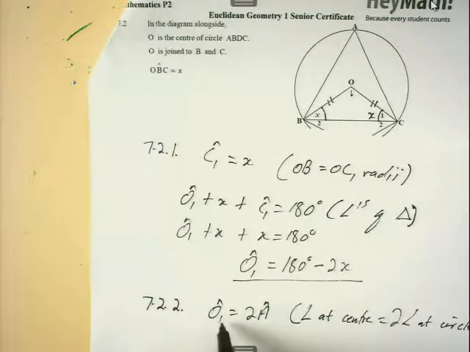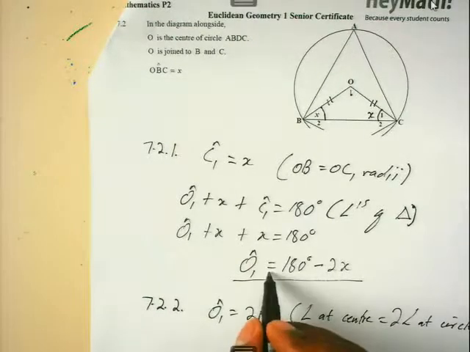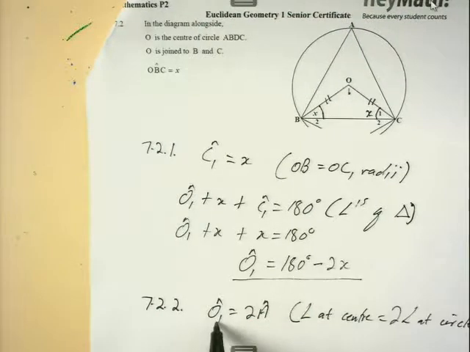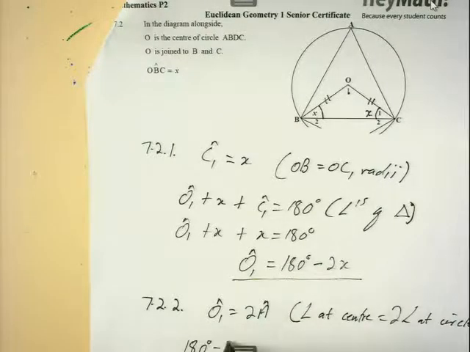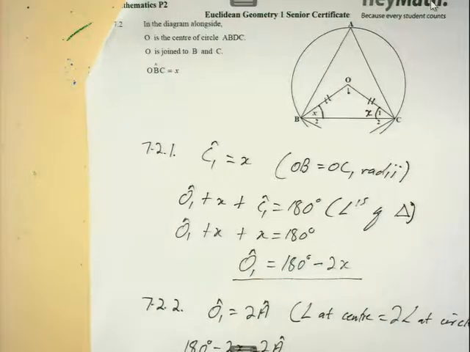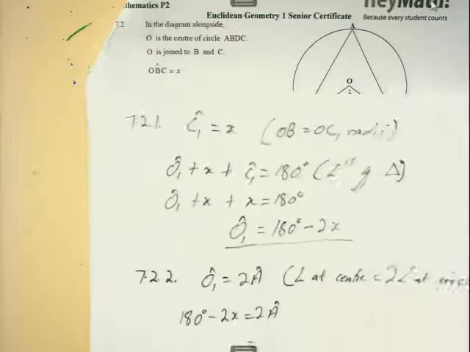Check O1, from 7.2.1. O1 is equal to 180 degrees minus 2x. Now we substitute it here. We substitute O1 by 180 degrees minus 2x, which will give you 2 times angle A. So to determine angle A, you divide by 2 on both sides.